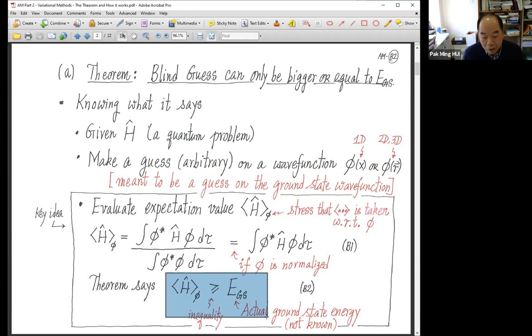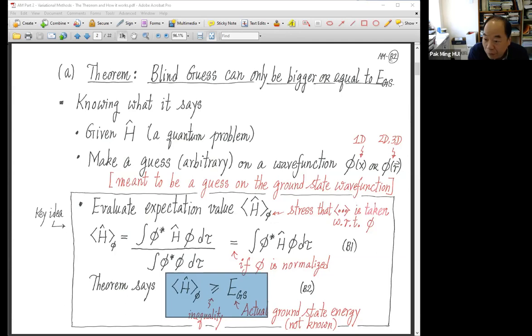When will it be equal? Only if you guess it correctly. If you really guess the correct ground state wave function, you will get the equal sign. Most of the time you are not that lucky. You will get greater than the exact ground state energy. So this is the content of the theorem.